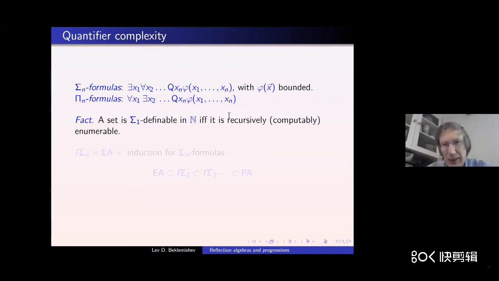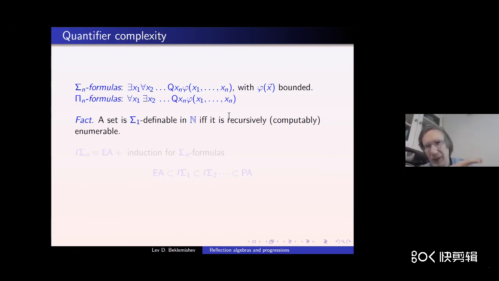So a set is computably enumerable if and only if it is definable by a sigma 1 formula. Since we all know that computably enumerable sets are as basic as computable partial functions, that's another reincarnation of the notion of computability in the context of arithmetic.